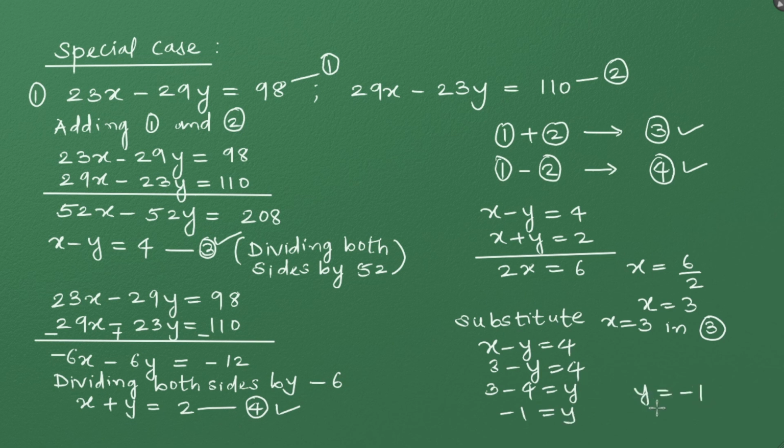So y equals minus 1. Hence x equals 3 and y equals minus 1 is the solution of this given equation. So this is how these special case simultaneous linear equations are solved. Let's solve some more examples.